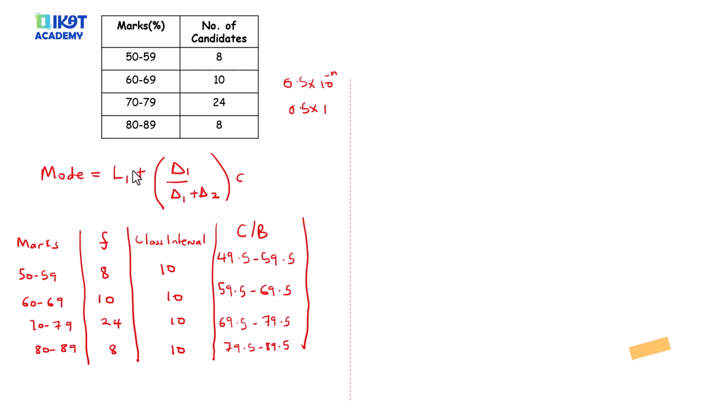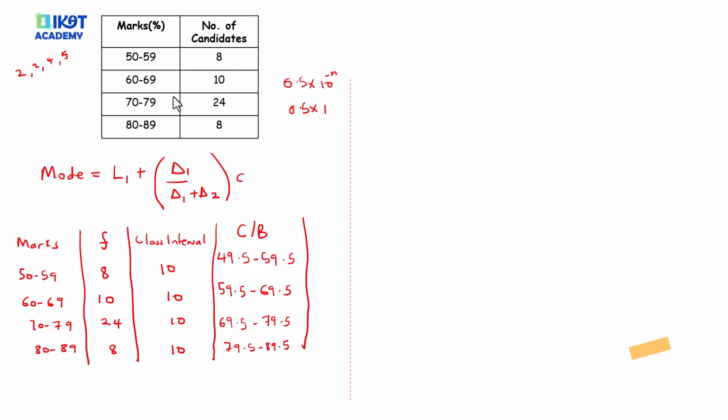Okay, now let's look at the mode. The definition of mode naturally is the highest occurring number. So if I had something like 2, 2, 4, 5 and I asked you what's the mode, it would be 2, because 2 is occurring most. However, here we have it in terms of frequency, like the number of students in a specific range.